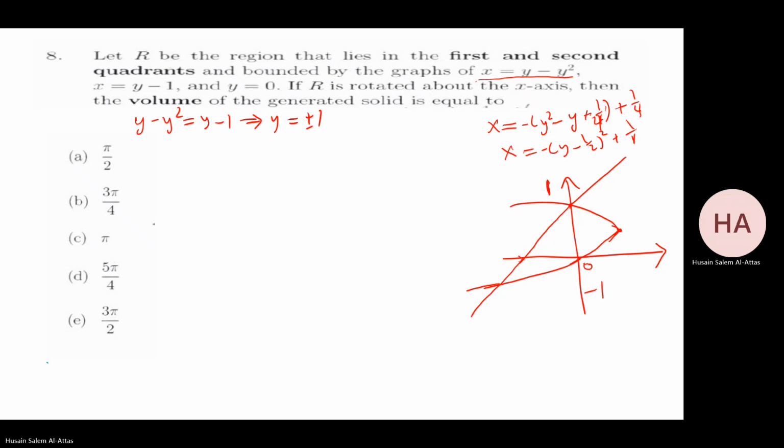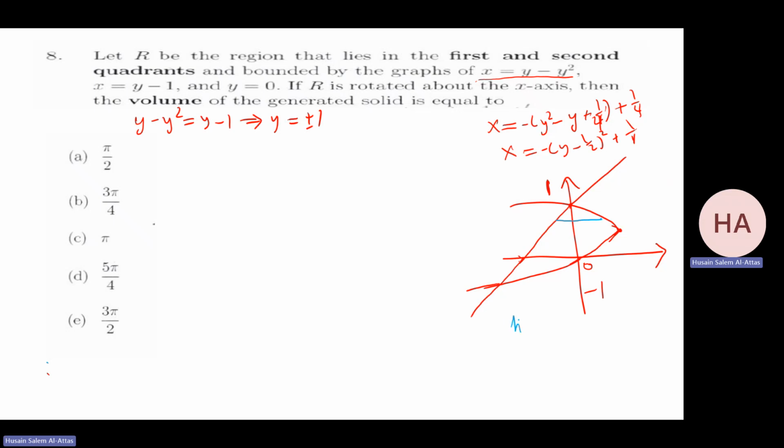This is what he said. Okay, so now, let me do my line. The line will be something like this. As I said, I'm caring only about this region, first and second quadrant.